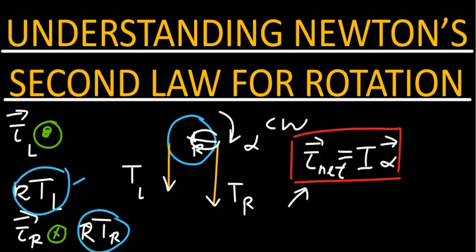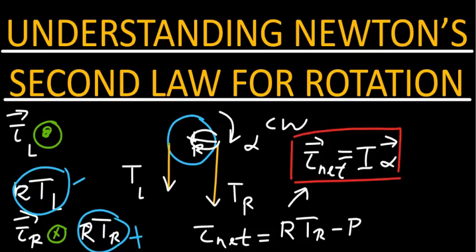If this is minus, this one will be a plus. So the magnitude of the net torque in this case can be written as r T_R minus r T_L, because as we have said, the pulley is spinning clockwise, so this term dominates.